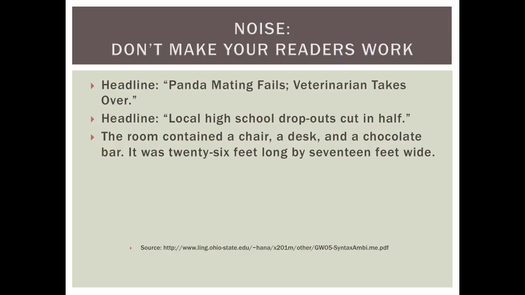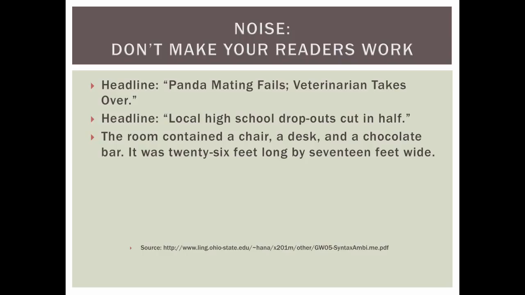So we will talk about why ambiguity comes in, and about how to locate modifying information, right? Riveting stuff. I'm being a little bit sarcastic, but it's important. Misplaced modifying information can be confusing, right? The room contained a chair, a desk, and a chocolate bar. It was 26 feet long by 17 feet wide.